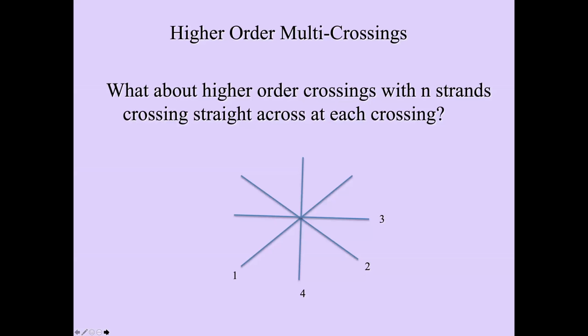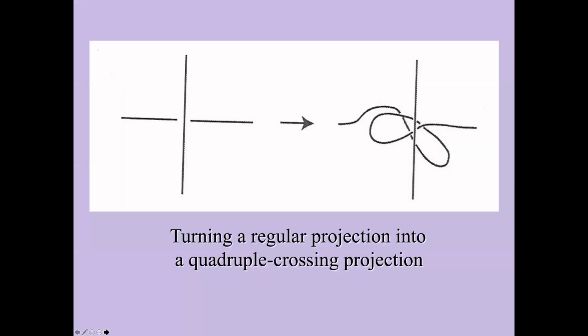What about higher order multi-crossing? That's triple crossings and triple crossing number. What if I had n strands passing straight through a crossing? So instead of having 3, I might have 4, as you see in this picture right here. Well, there's an easy trick to turn any standard projection into a quadruple crossing projection.